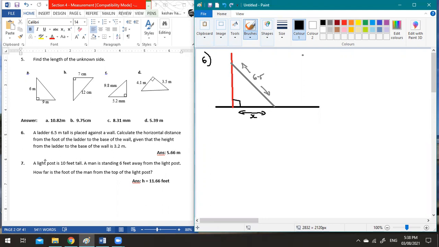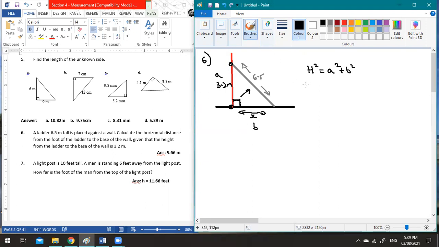Given the height from the ladder to the base of the wall, so from here to here, it's 3.2 meters. So we can see that this is a right angle triangle that is formed where 6.5 is the hypotenuse. So hypotenuse squared, and again you can label it A and B, it doesn't matter. A squared plus B squared, that's the formula. And writing the formula in any question usually is a mark. So write your formulas.